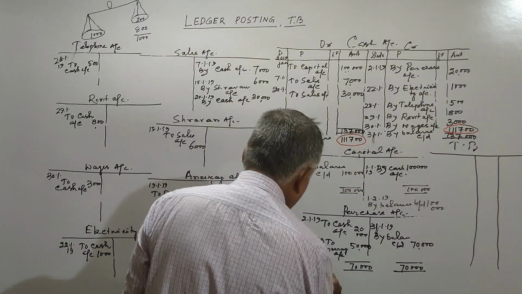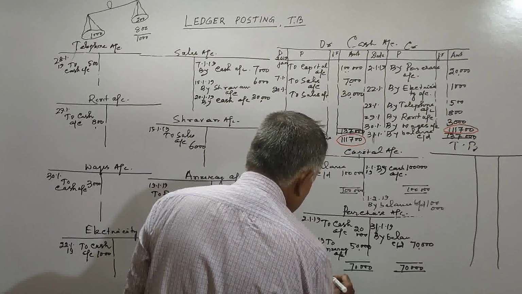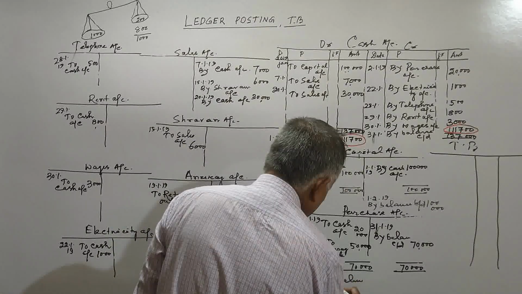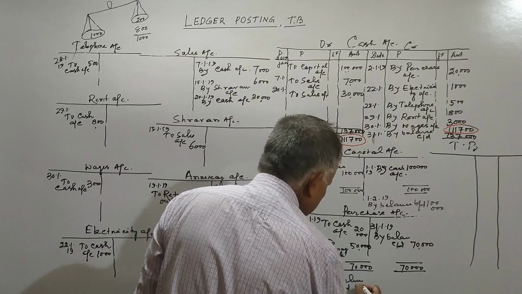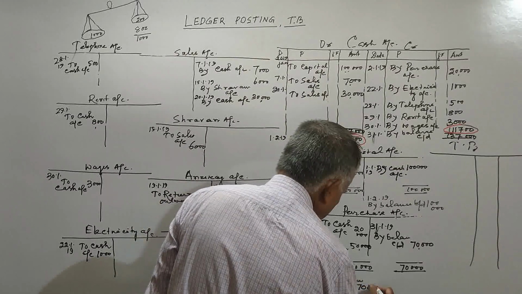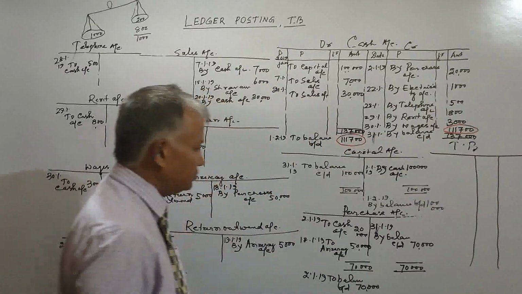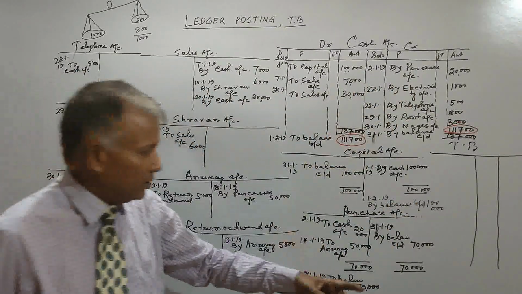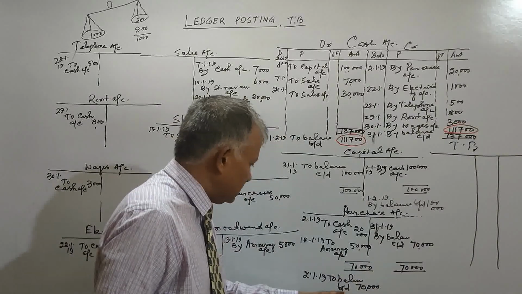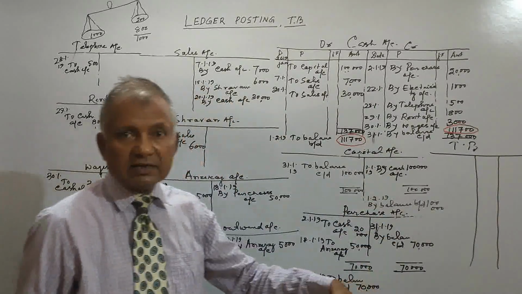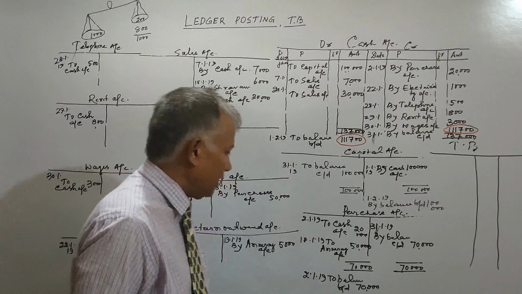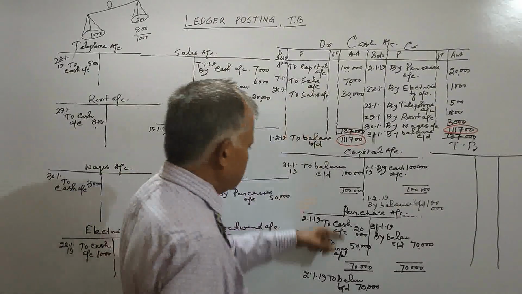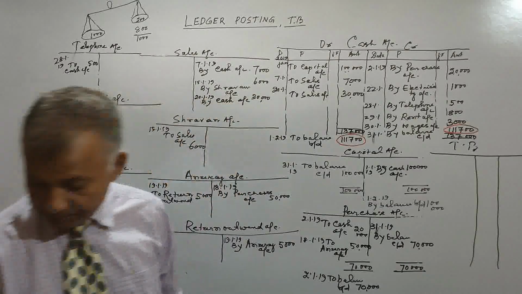This is your 2/1/19 to balance brought down to the next period, 70,000. So this is carried down to the next period, 70,000, and this is brought down from the last period, 70,000, right? So these three accounts are balanced.